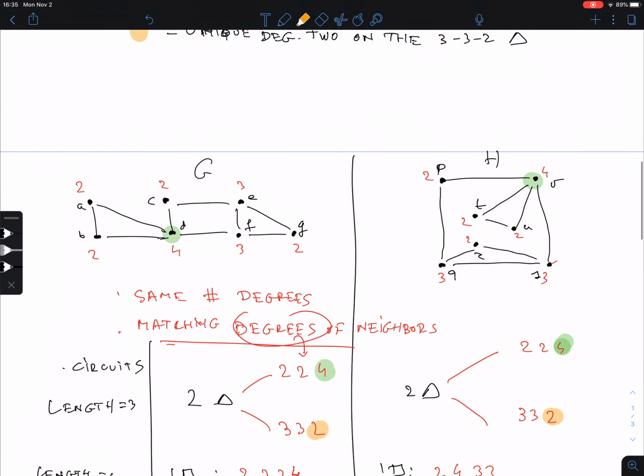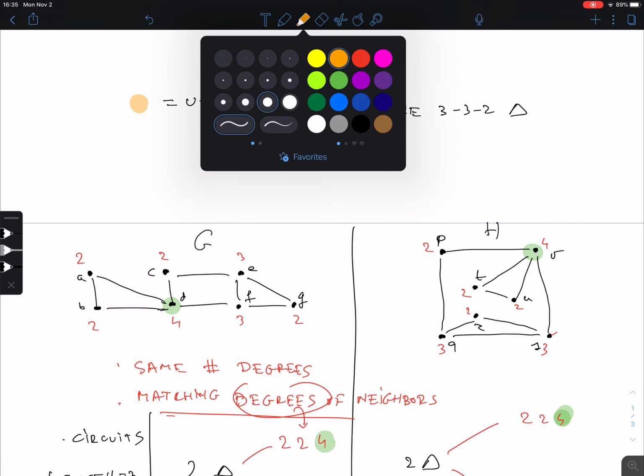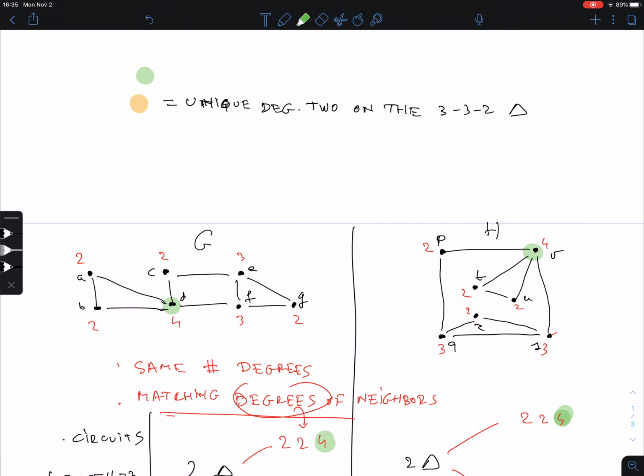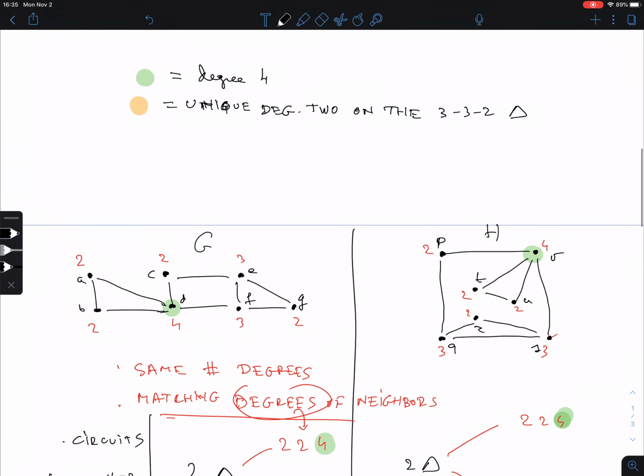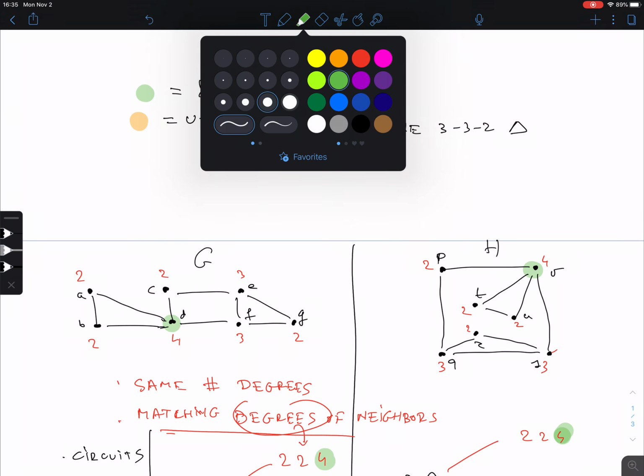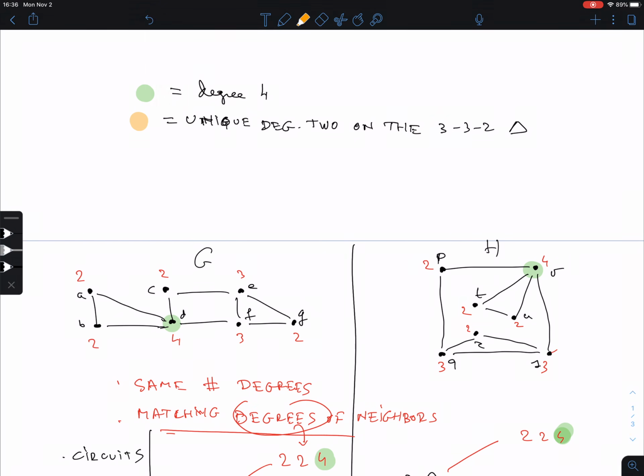Okay, so that is the degree 2, and just to be complete, this is the degree 4 vertex. Why am I overlapping so sloppily? Okay, so that also, we haven't located in the graph itself yet. So where is this triangle? We're talking about the right hand triangle, we're talking about this one here, right? And in this case, we're talking about that one.